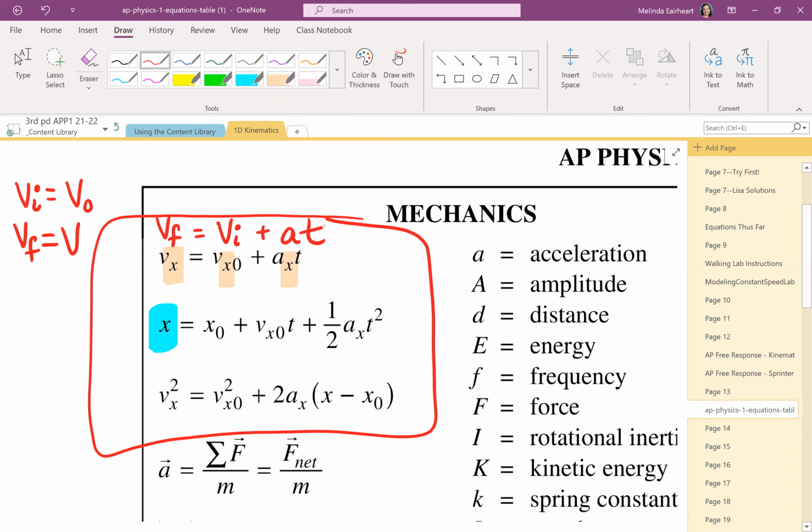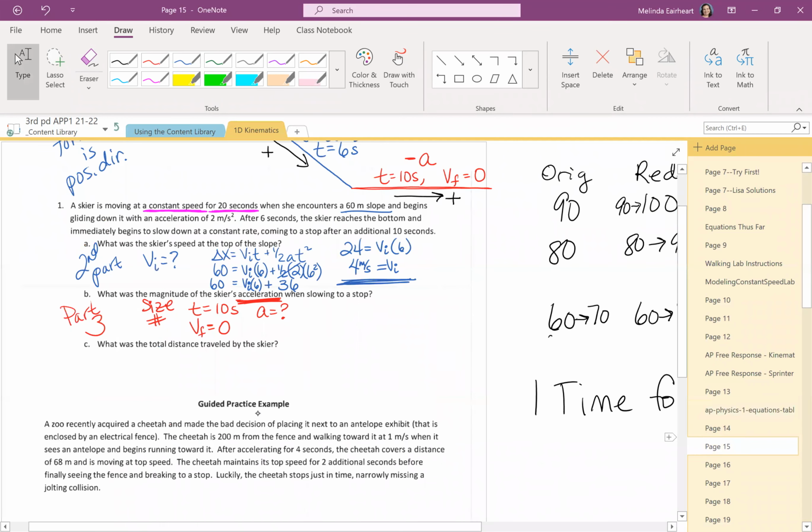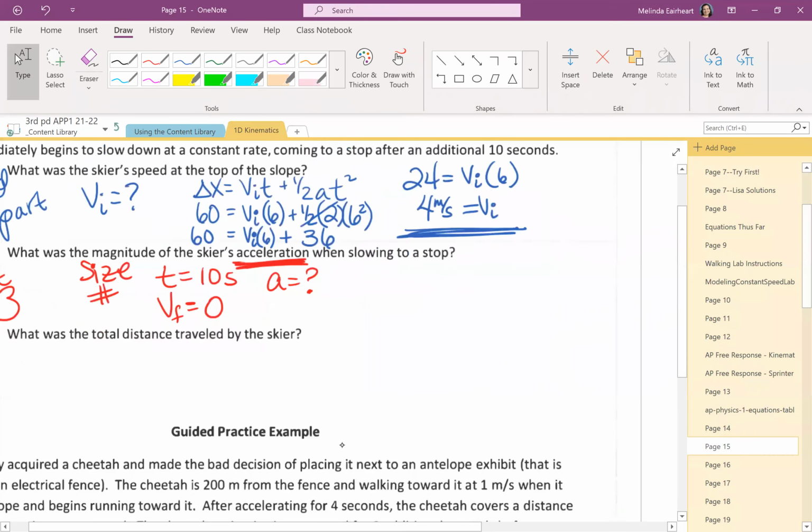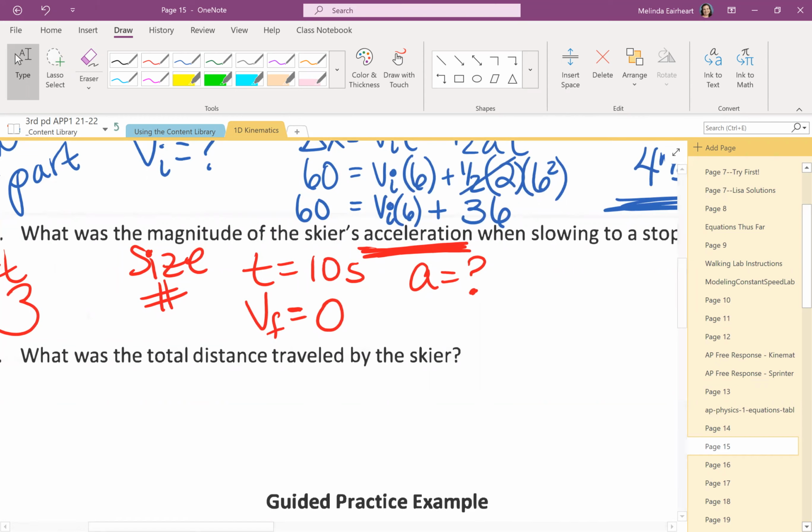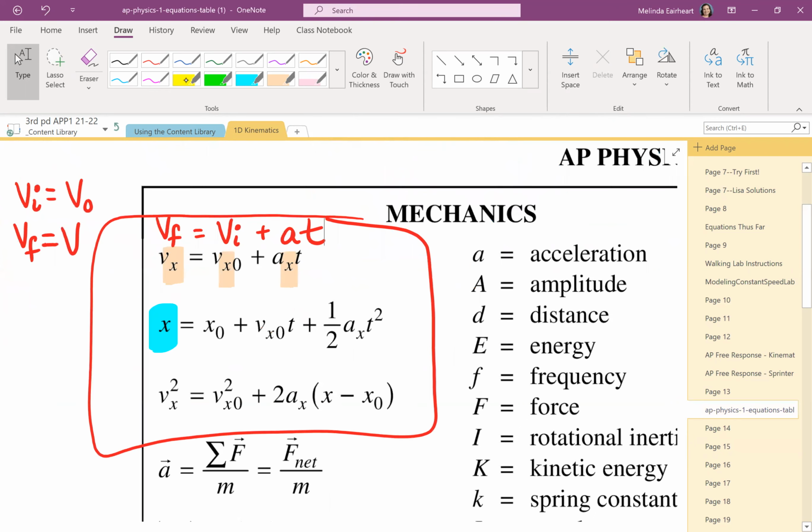And so with these equations, do we have enough on the skier question, knowing the time and final velocity, do I have enough to find the acceleration? We do not. And if you look at the equations, not only is acceleration in all of them, but also notice initial velocity is in every single equation.